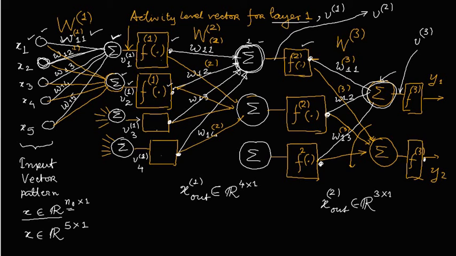And then third layer activation function outputs and corresponding vectors will be shown as X out 3, and these are nothing but outputs also, Y1, Y2, so we will call this the Y vector, and as we have only 2, it belongs to R2 cross 1.